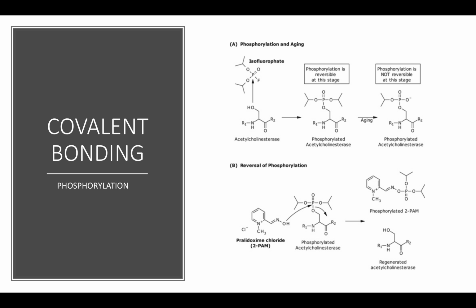All right, phosphorylation reactions. Now, when it comes to phosphorylation, the type of covalent bond that is usually formed is with organophosphates. And isofluorophate was once used as an ophthalmic agent.